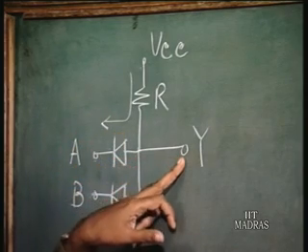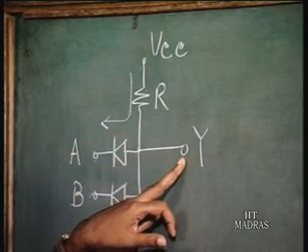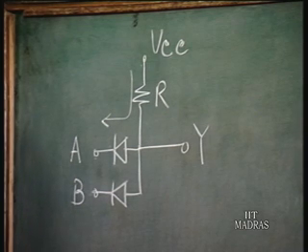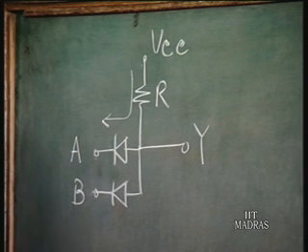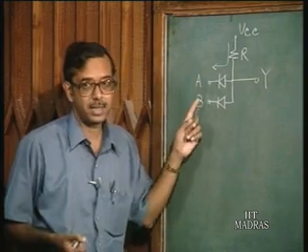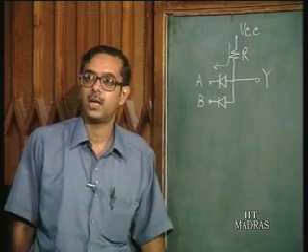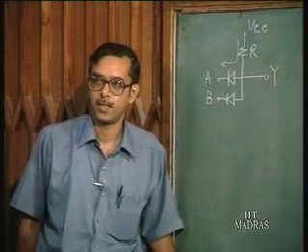So, this output is also going to be 5 volts. So, what gate is it? It is going to be an AND gate, because only when both the inputs are high, the output is high. When A and B are high, only then the output is high. For all other cases, the output is low.